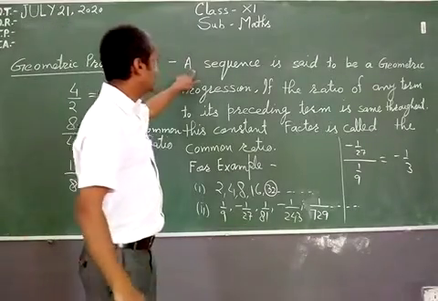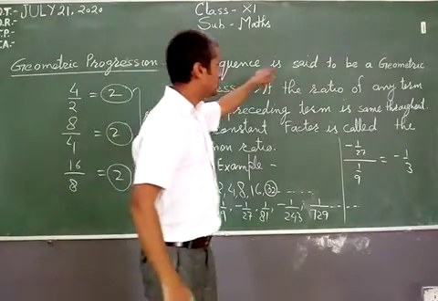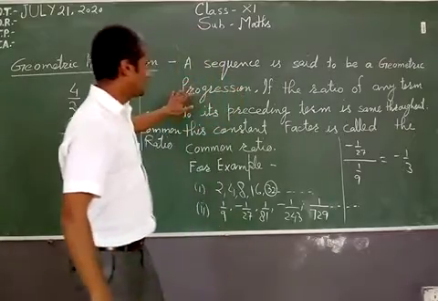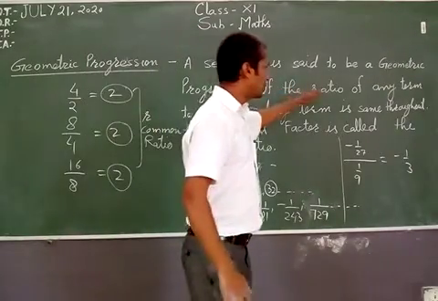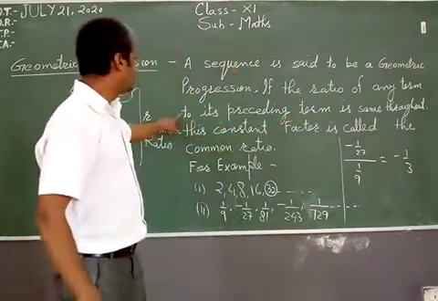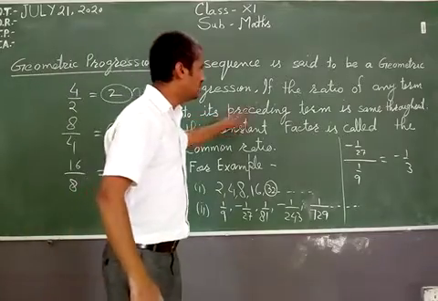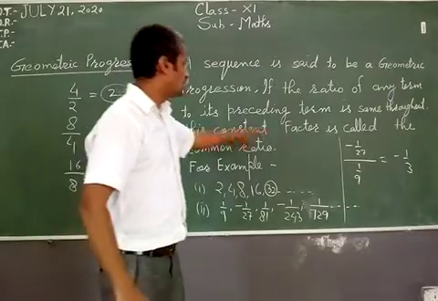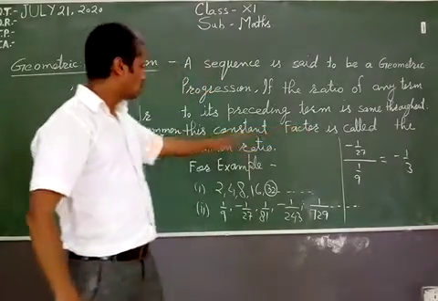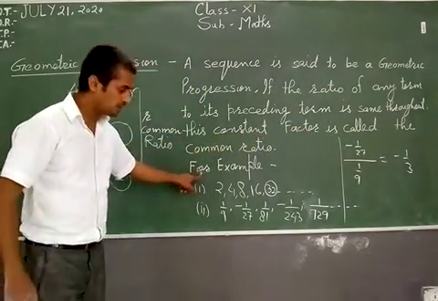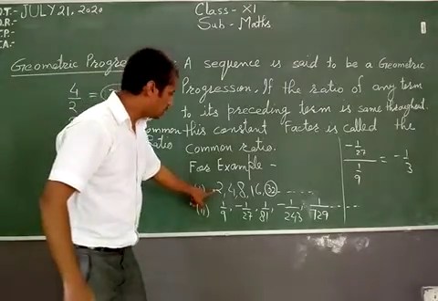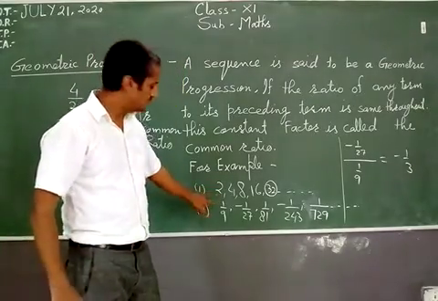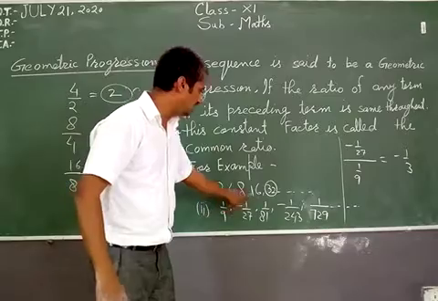Listen again. According to the definition, a sequence is said to be a geometric progression if the ratio of any term to its preceding term is the same throughout. This constant factor is called the common ratio. For example, we have a sequence whose elements are 2, 4, 8, 16.